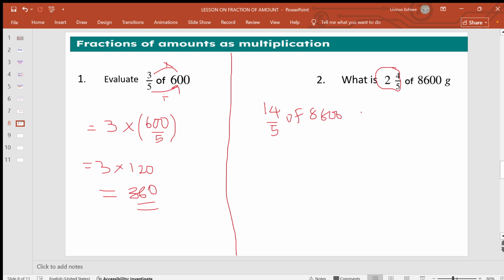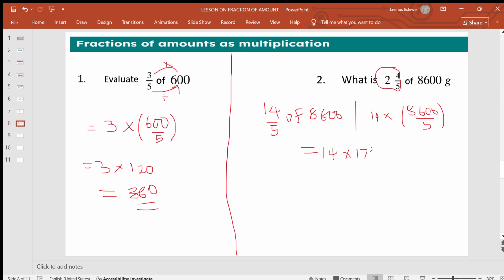Now, I will simply say this will become what? 14 multiplied by, let me now do 8600 divided by 5. That will give me 14 multiplied by 5 into 8 is 1. You can use your calculator if you know. Into 36 then is 7.